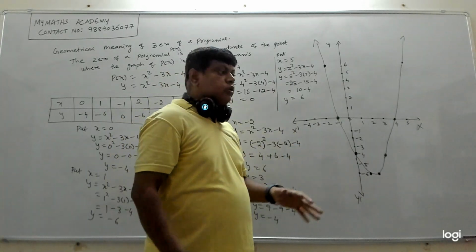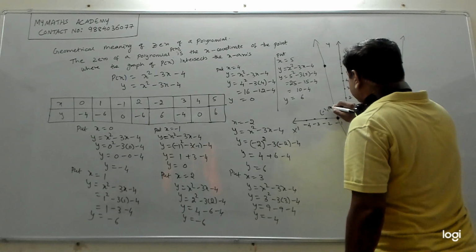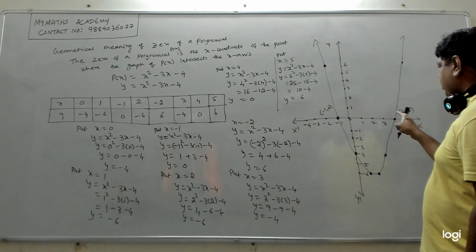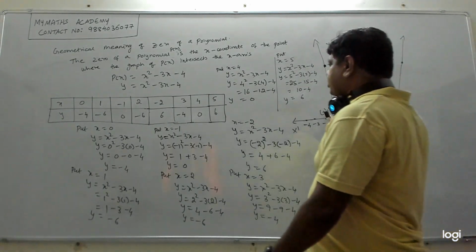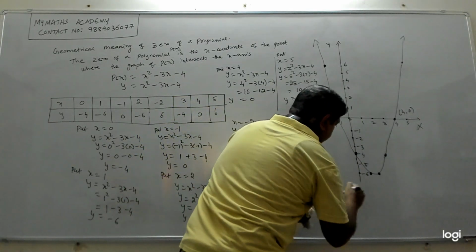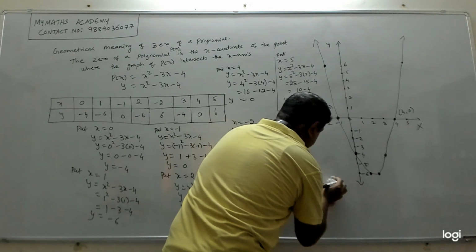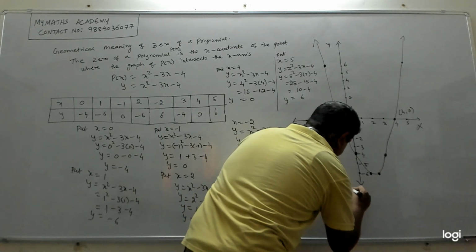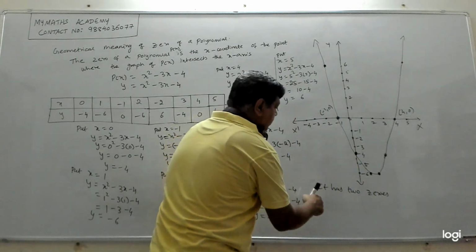Now what are those zeros? Now you need to find the point. So what is this point? This point is minus 1 comma 0, and this point is 4 comma 0. Now we need to check the x coordinates. What are the x coordinates? Minus 1 and 4. So the polynomial p of x has 2 zeros.